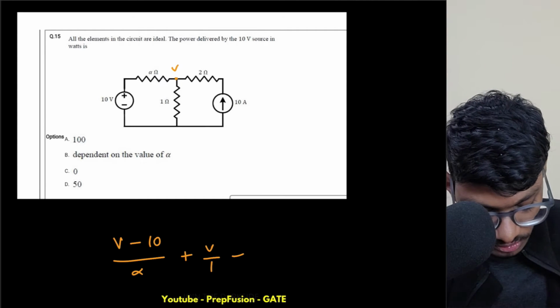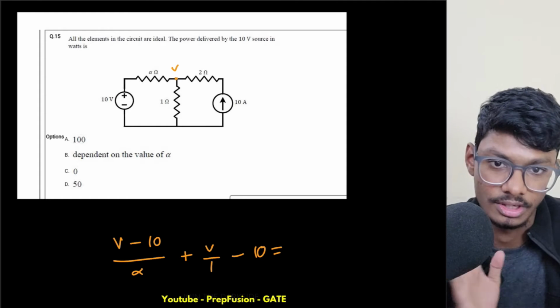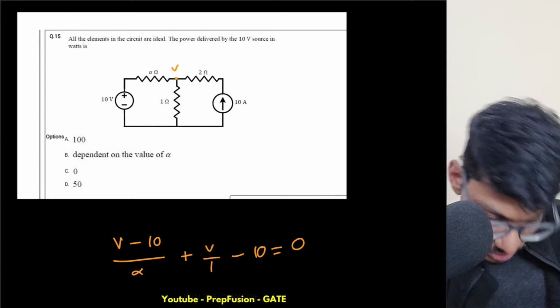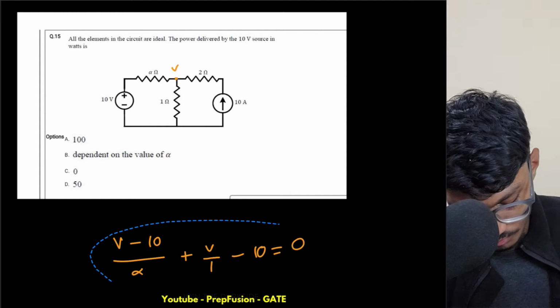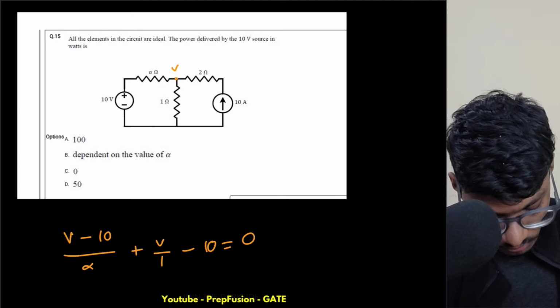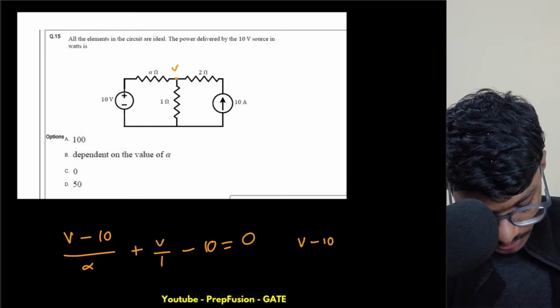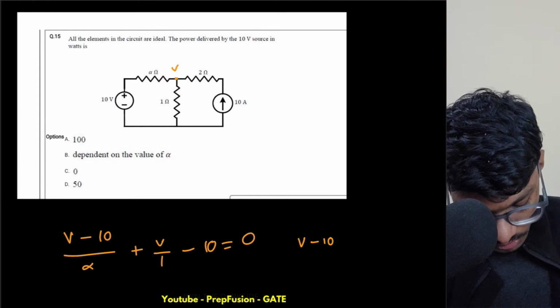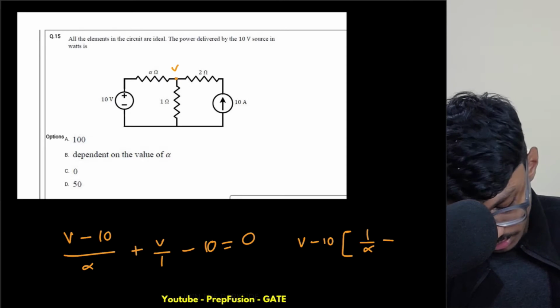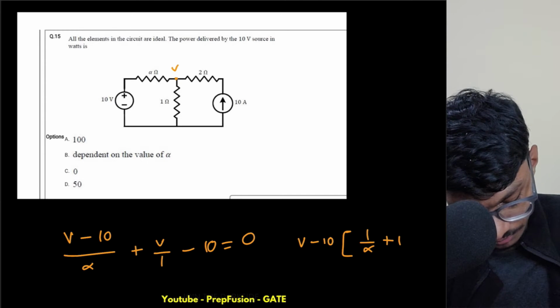Incoming is negative for me and outgoing is positive for me, equals 0. So V minus 10, and from V minus 10 I can take out 1 by alpha plus 1, equals 0.